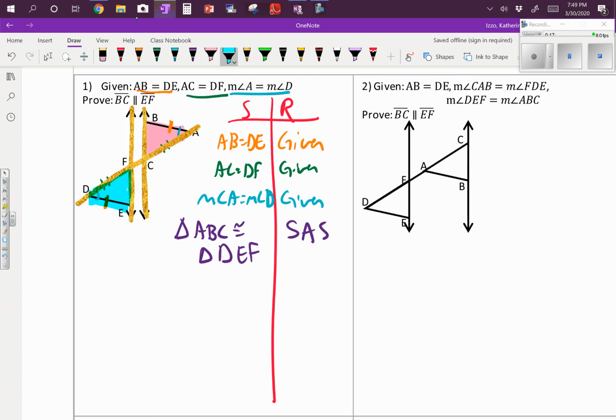Now, that would get me angle E matches with angle B, and angle F matches with angle C. Which pair of angles is going to help me get to my sparkly gold lines?